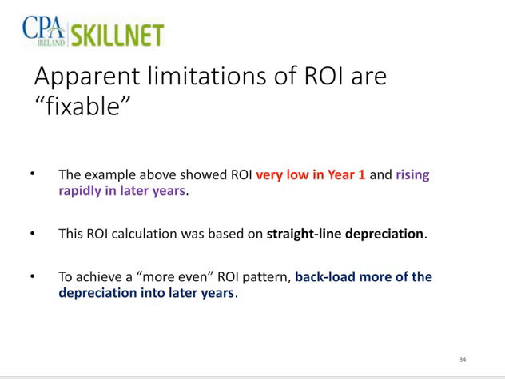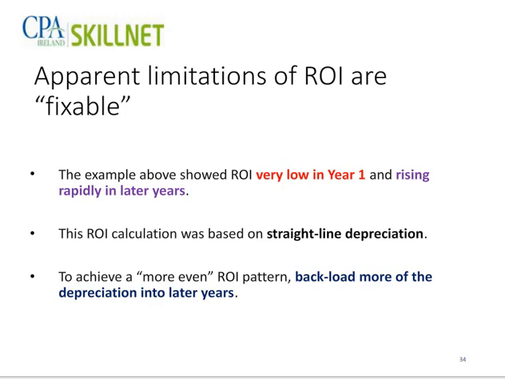Thirdly, perhaps some of the limitations of ROI can be fixed and aren't as severe in practice as the example we've just seen might suggest. We saw in particular that ROI was very low in the first year and rose rapidly thereafter. And because of the manager's time horizon and the focus on the short term, we said that was likely to lead to the investment being rejected. But that particular result was affected to a significant degree by the depreciation method used and the use of straight line depreciation.